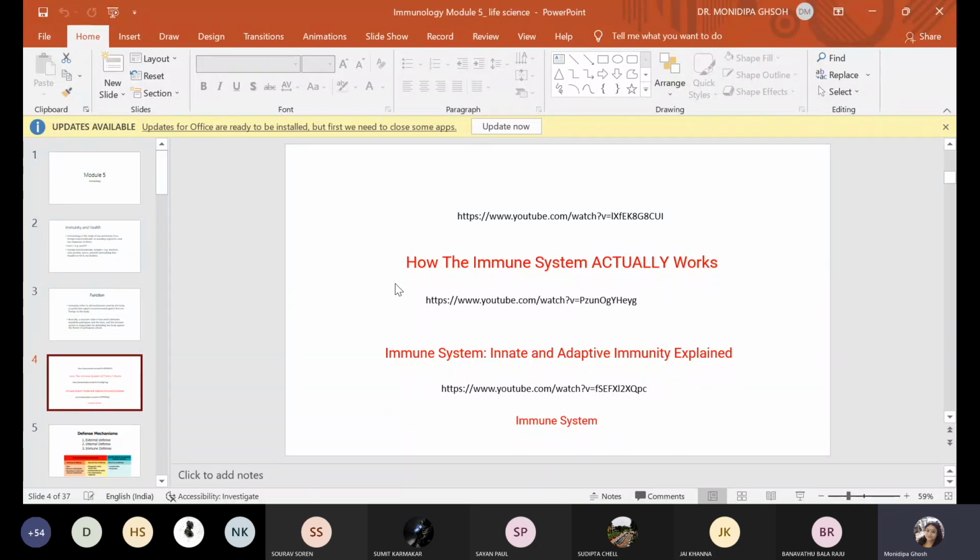We have gone through these sections, that is how the immune system actually works, and the immune system, the innate and adaptive. Now, what about the innate immune system?